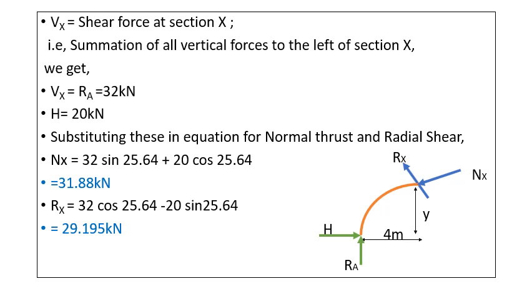Then you have to substitute that and find the radial shear and the normal thrust just to the right of the section. Here I have considered just the left of the section and found out the forces. Okay. So this is how we find the radial shear, normal thrust and the bending moment, the three internal forces.